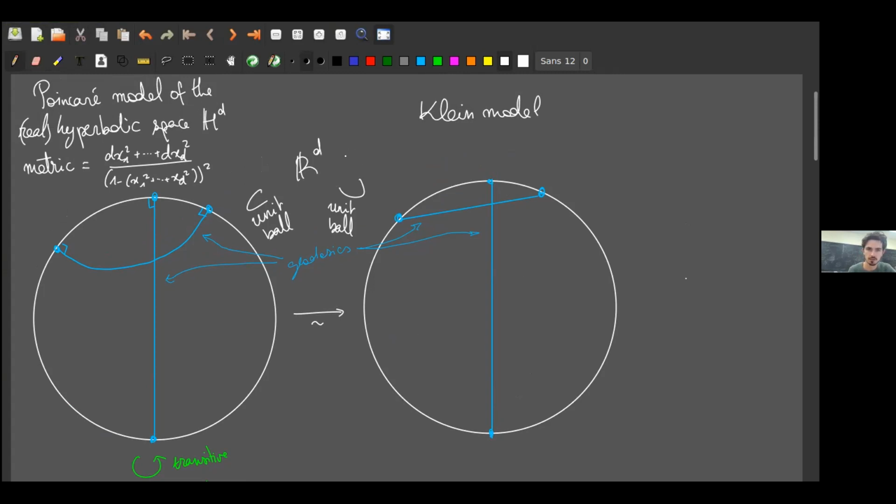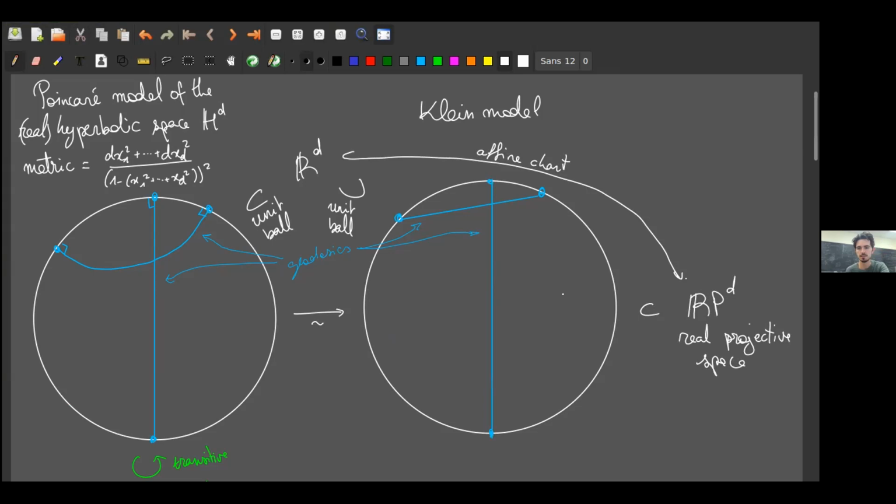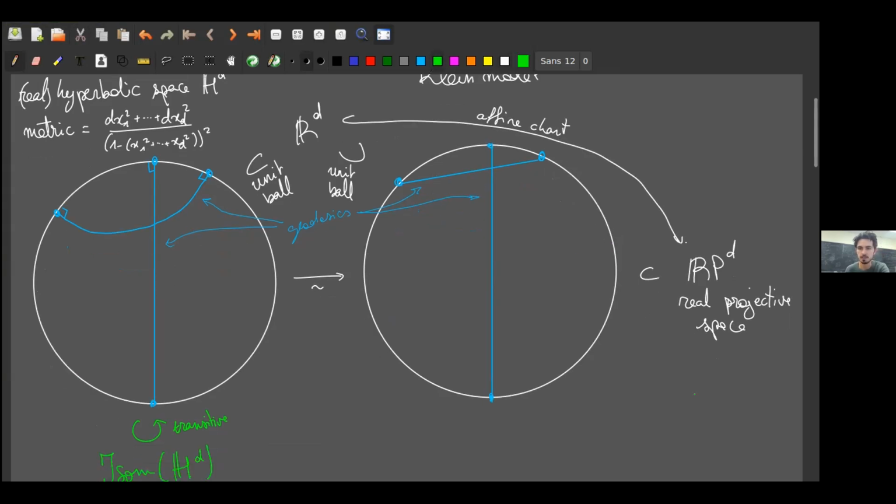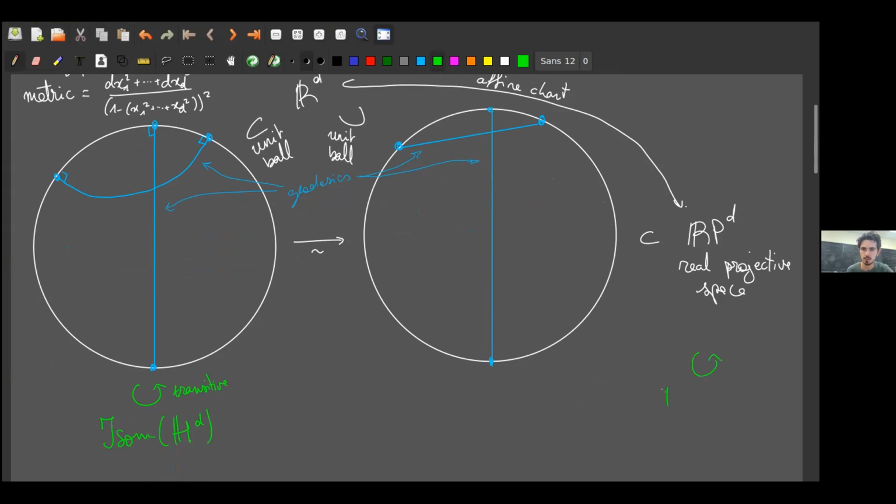In fact, this model doesn't really sit in R^d. Actually, it's better to see it in RP^d, the real projective space, where R^d sits as an affine chart. The group acting on the projective space is PGL_{d+1}(R), and the stabilizer of the disk is PO(d,1).